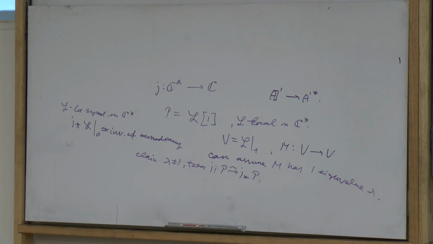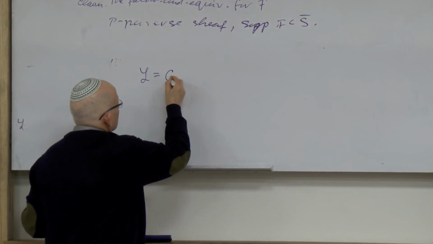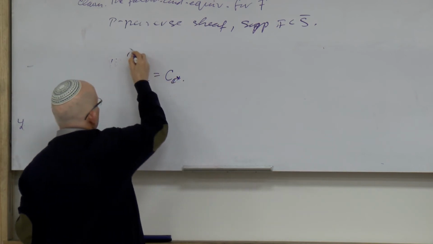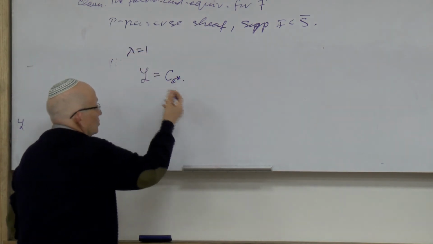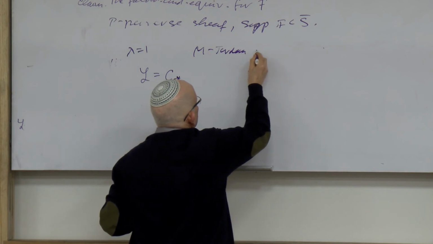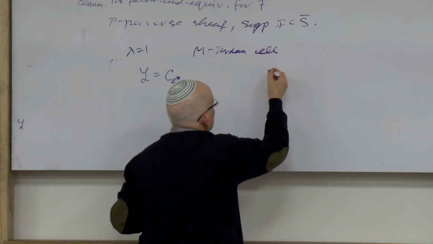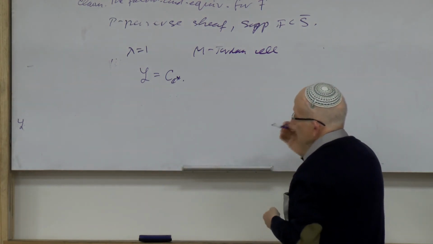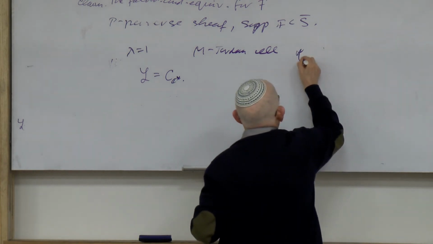So then our local system is just that cell. Let's consider first the trivial case, then L is equal to C. So lambda equals 1. Then M is a Jordan cell, and we can assume that M is just one Jordan cell of length l.